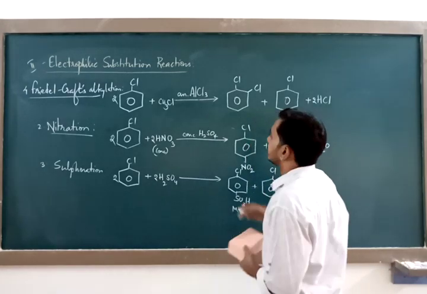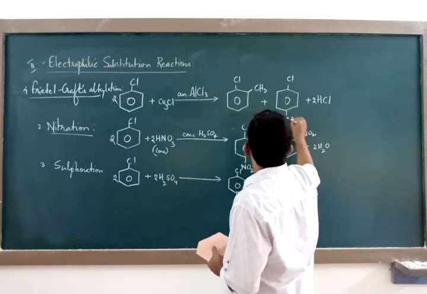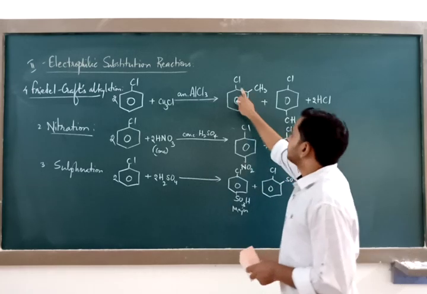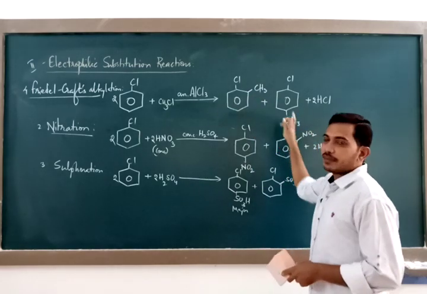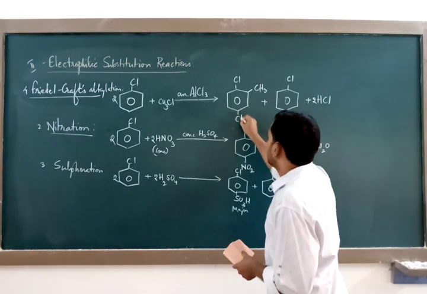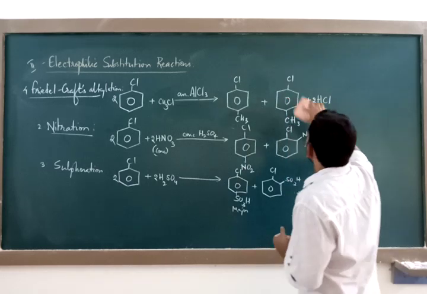So this time you will get 2 products again. One is orthochlorotoluene and parachlorotoluene. Which one is major? Para. So you are supposed to write para in the beginning and ortho the second time.